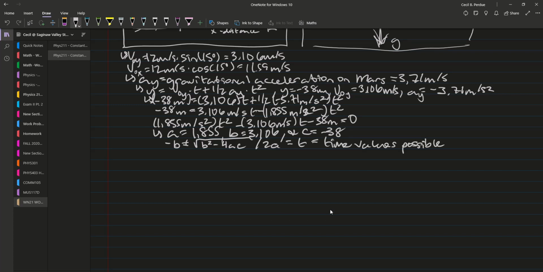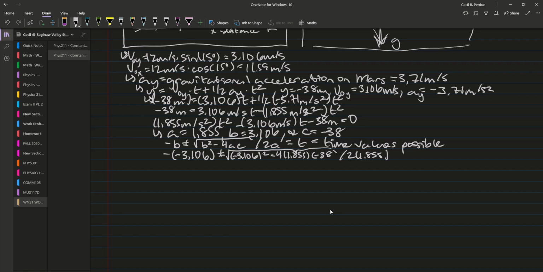It's important to note that any negative t value or time value is not possible since it's saying that it happened before we were observing what was happening. So negative b, so negative negative 3.106, plus or minus the square root of negative 3.106 squared minus 4 times 1.855 times negative 38, over 2 times 1.855.